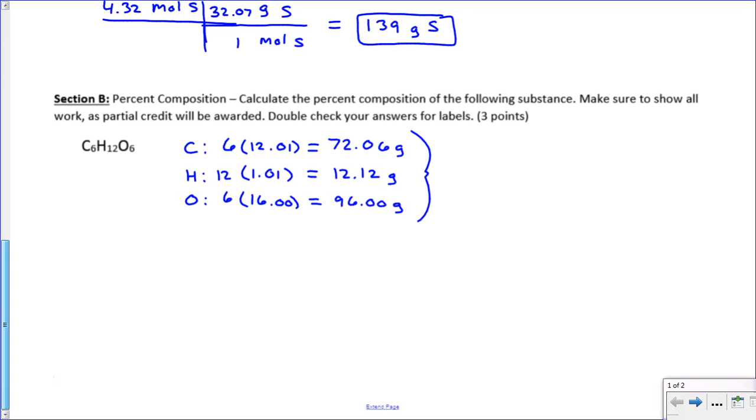So just add up the individual masses, and you get a total mass of 180.18 grams.